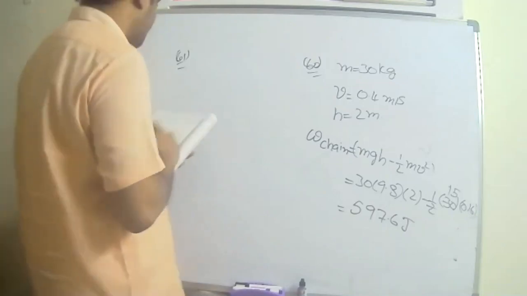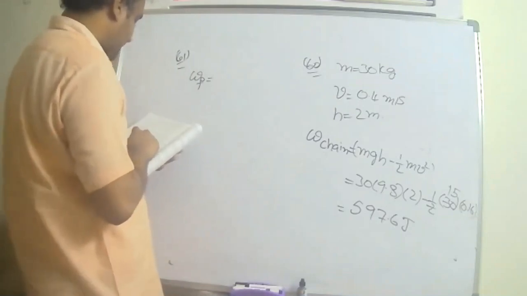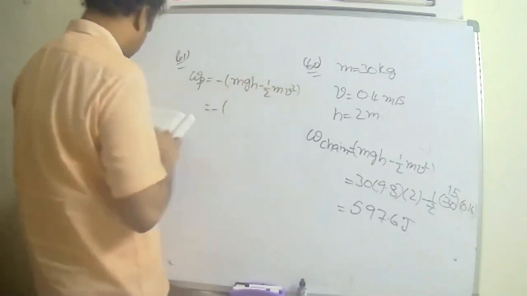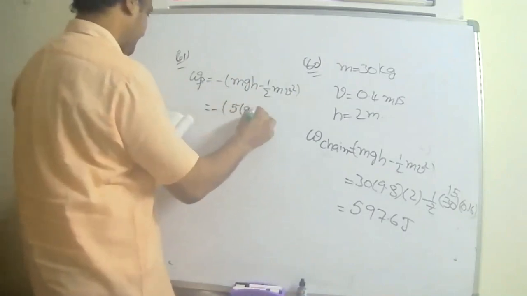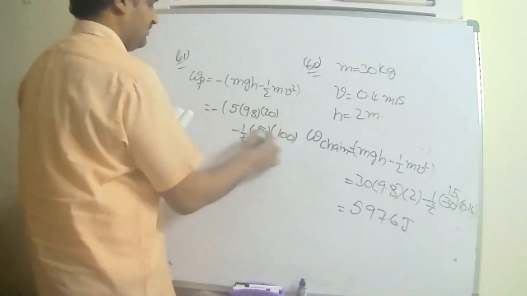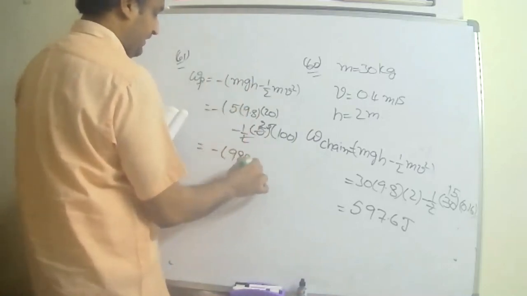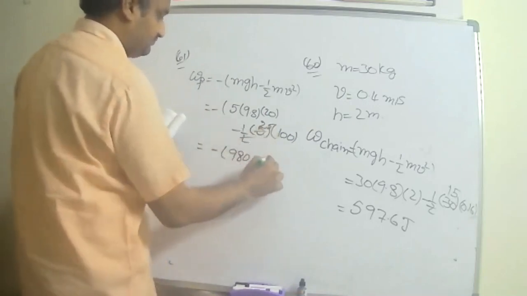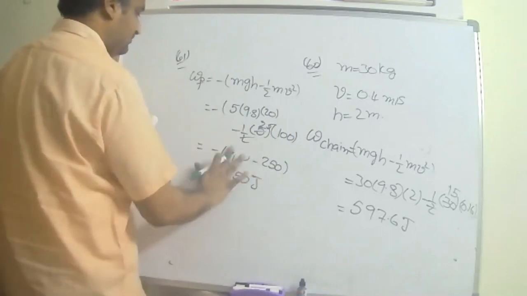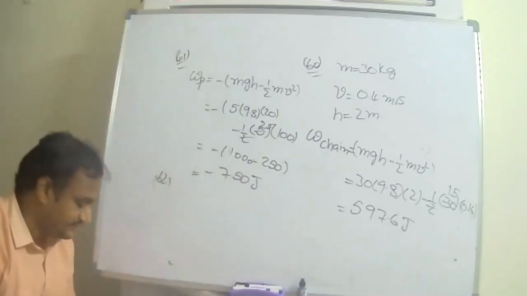The work done by the push of the air on the object is work done by friction. Normally for the fall, work done by air is minus mgh minus half mv square. So 5 into 9.8 into h 20 meters, minus 1 by 2 into 5 kg into v square. That is 980 minus 250, which is minus 750 J. So that much is wasted in overcoming air resistance. So work done by air resistance is negative, right.